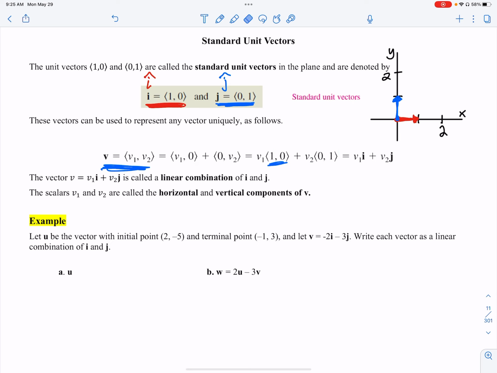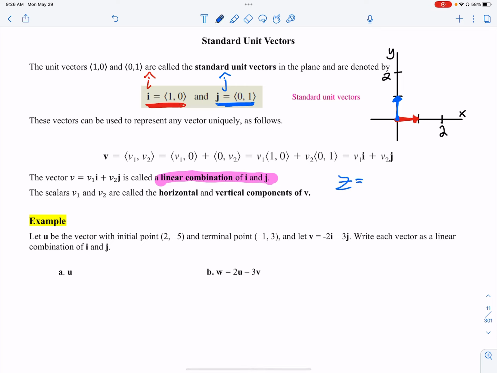Let me erase all these lines. You need to make sure you understand this logic, where it's coming from. This is called a linear combination of i and j. Anytime I take two things and I put a constant in front of both, and I add them together, it's called a linear combination of whatever we're talking about. I'm going to write something here that has nothing to do with our course, so don't write it down.